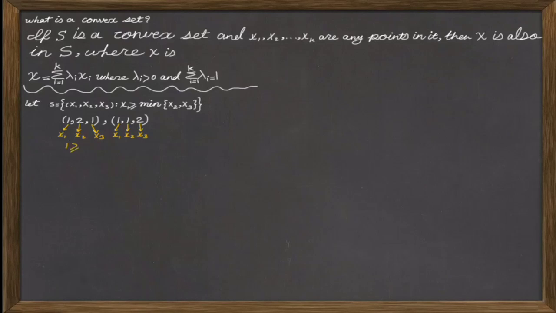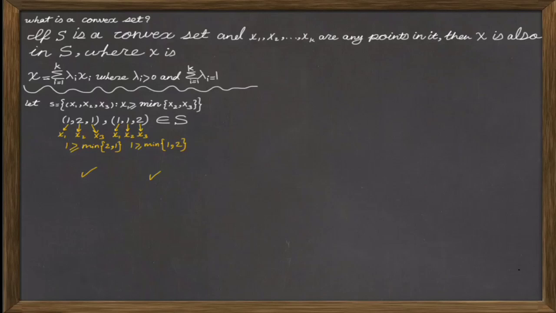If we check this condition, we see that in the first point, 1 is greater than or equal to the minimum of 2 and 1, so this point is in space S. The same applies for the second point: x1, which is 1, is greater than or equal to the minimum of 1 and 2. So these two points both fall in space S. This sign here shows the two points belong to space S.